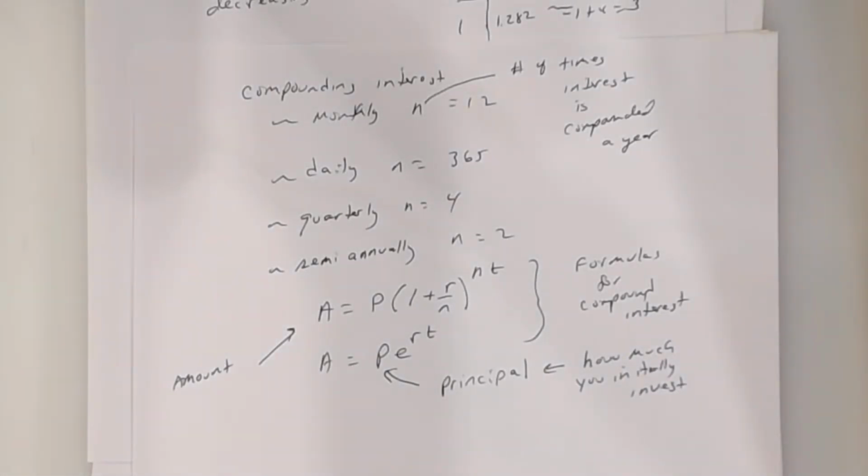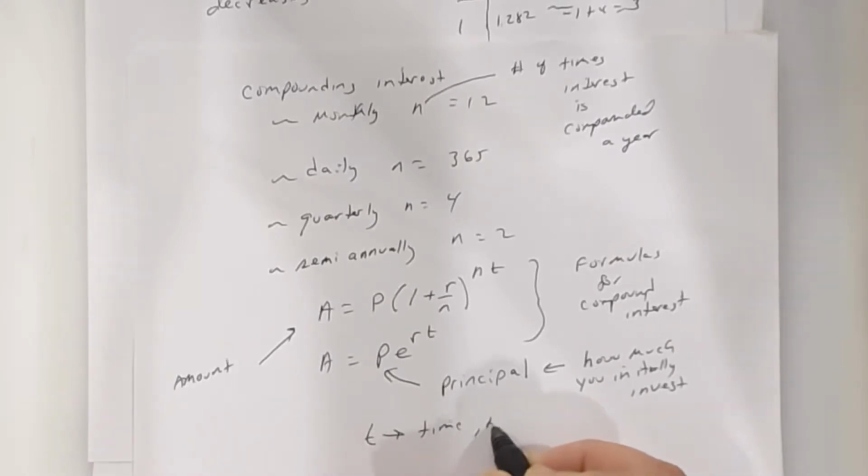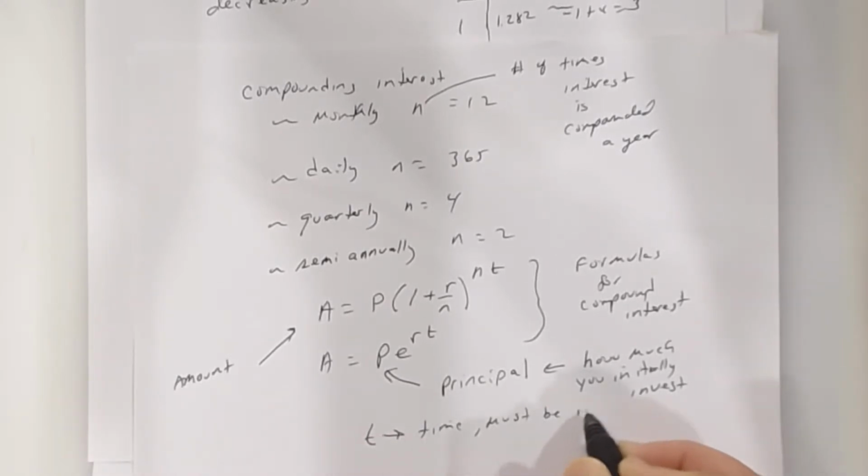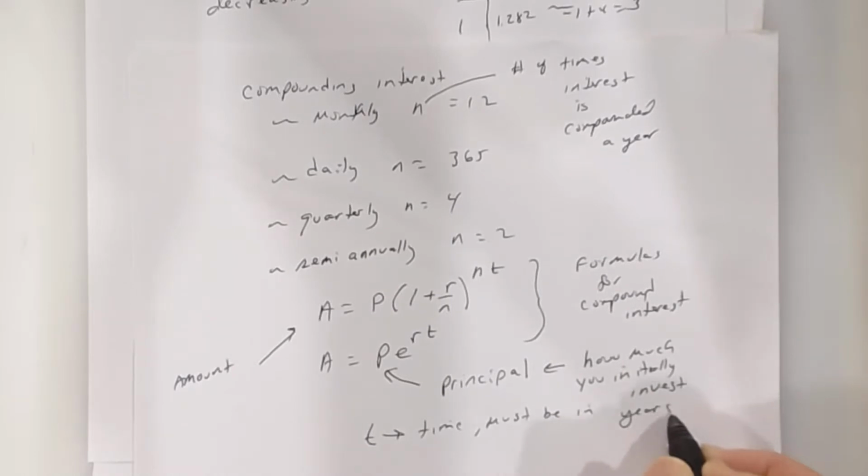What do you think T stands for? Time. T is time. And time must be in years. All the ones we're going to do, it's not going to be difficult. All the ones we're going to do, the time will be in years. It was must, so just listen carefully.